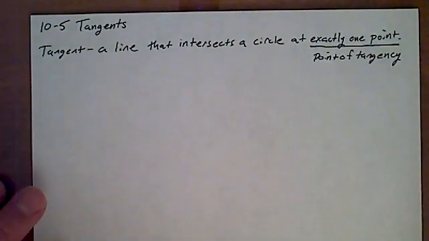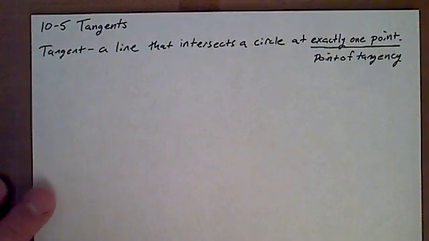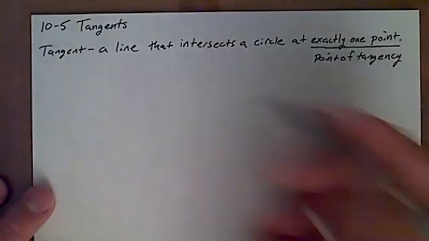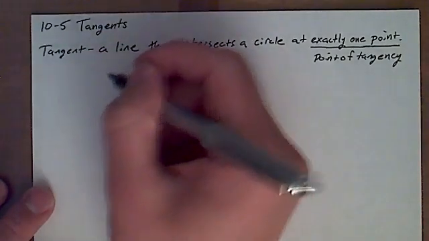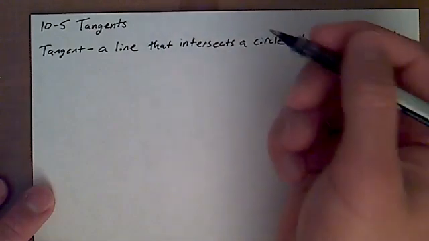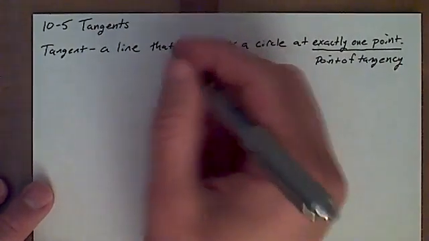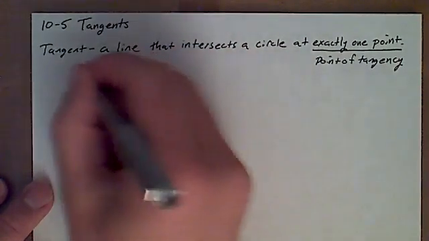And I'm going to freehand my circles today rather than using a compass, just to show you that you can. If you have a compass and would rather use it, go ahead, but freehand as much as you can. So what are we talking about here?